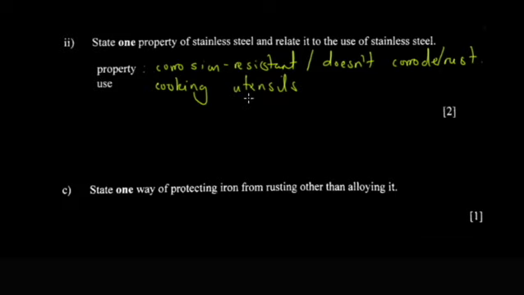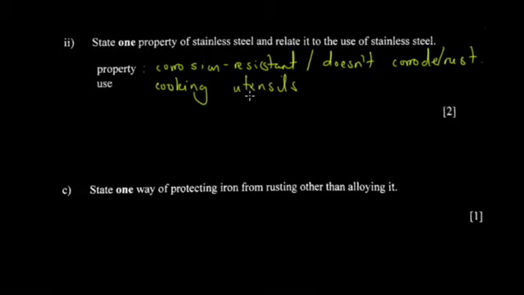If you are building a chemical plant, you want your materials to be as strong as possible. So one of those aspects is corrosion resistance. So here, that's the property that you state, and then you just say cooking utensils or some industrial processes as well.